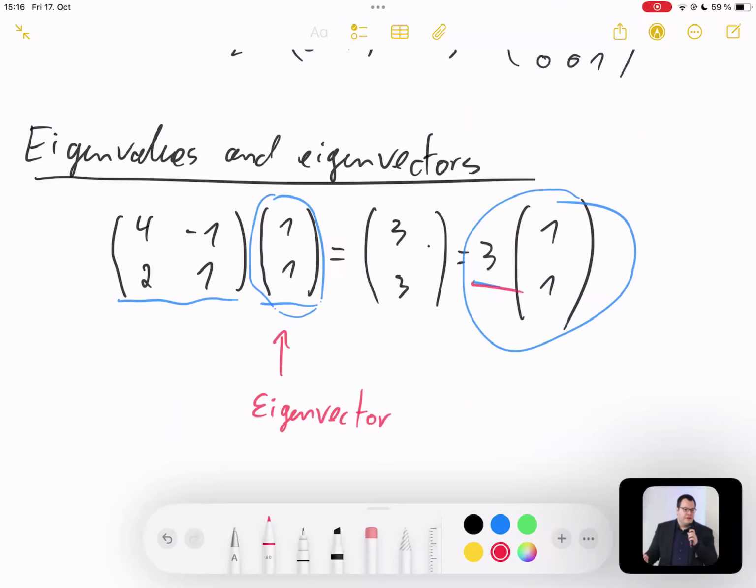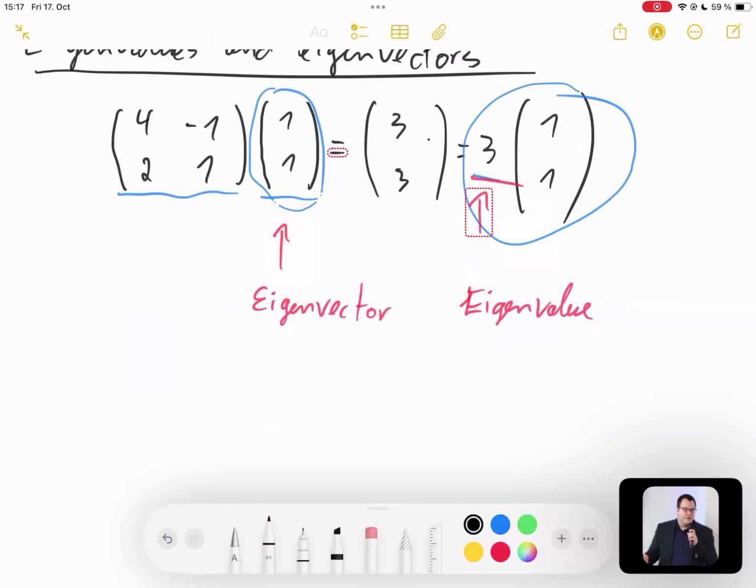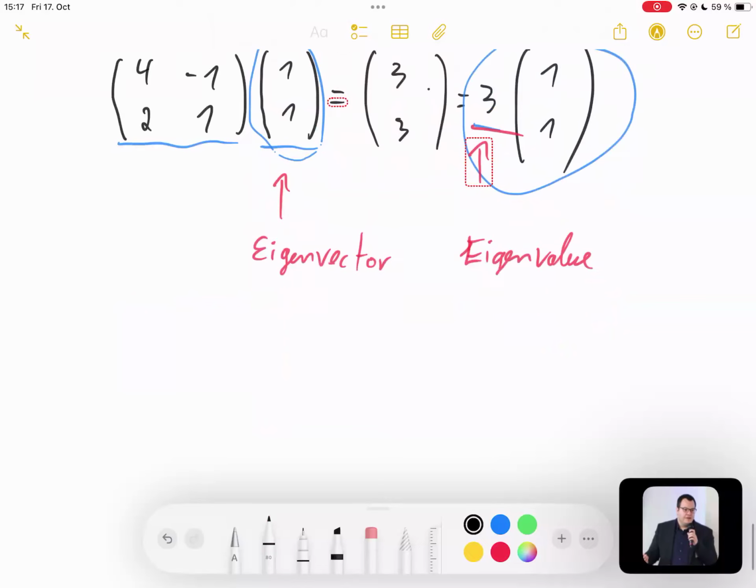And this multiple here would be the corresponding eigenvalue. This multiple is either positive or negative. And from a geometric representation, you wonder what these eigenvalues and eigenvectors are actually useful for.